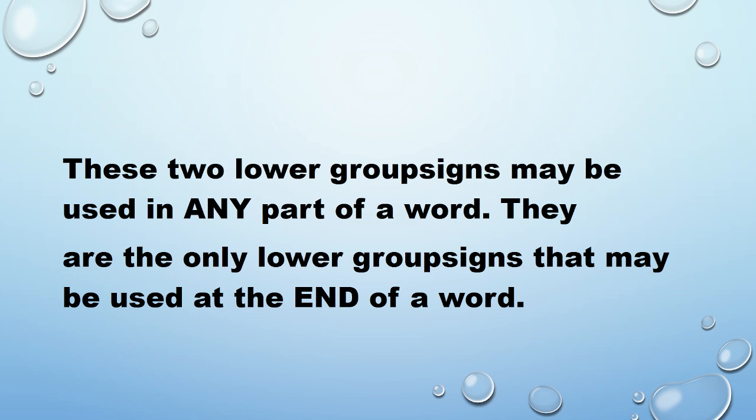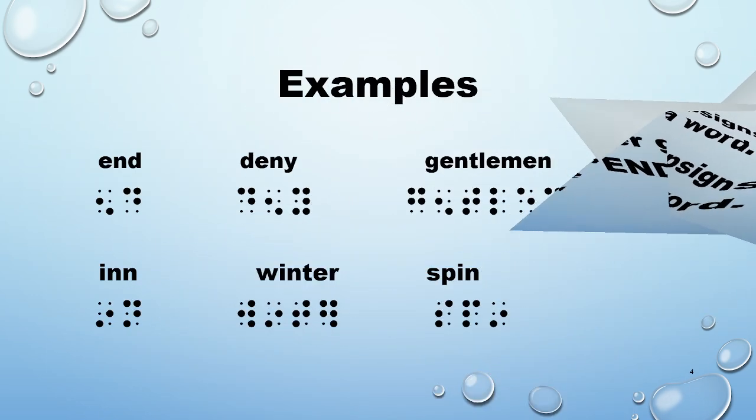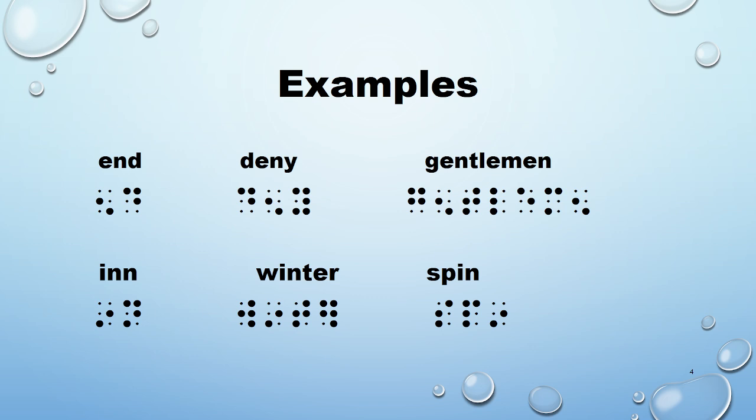So let's check some examples on how these group signs are used. For en, we have the word end. There, the group sign en is used at the beginning of the word. Next, we have the word deny, spelled D-E-N-Y.